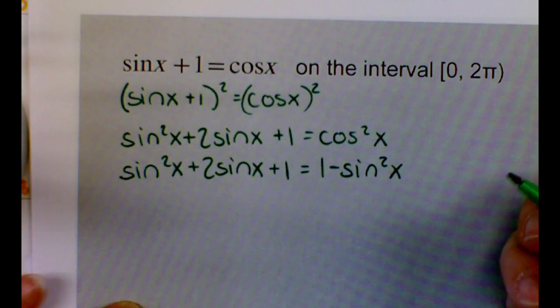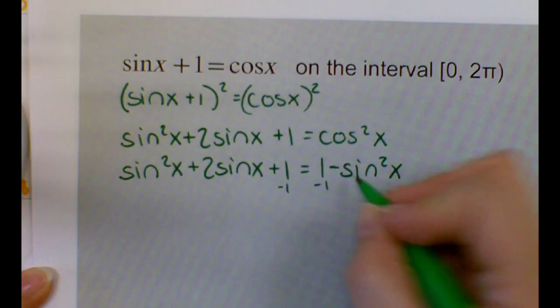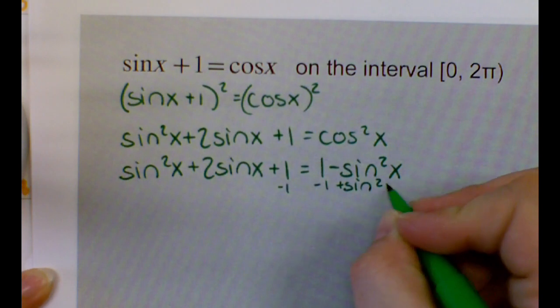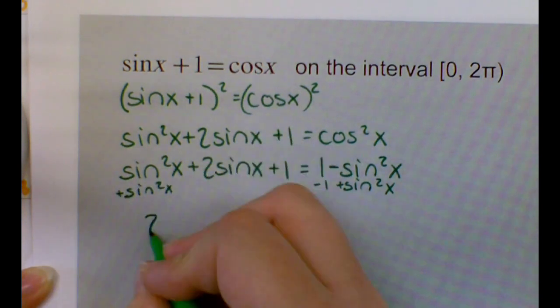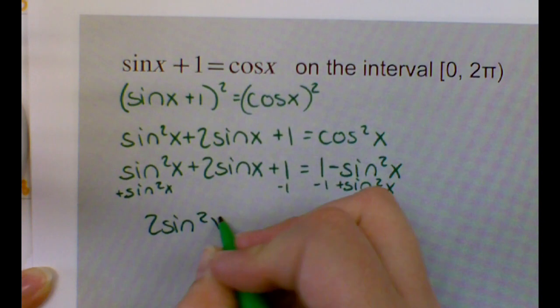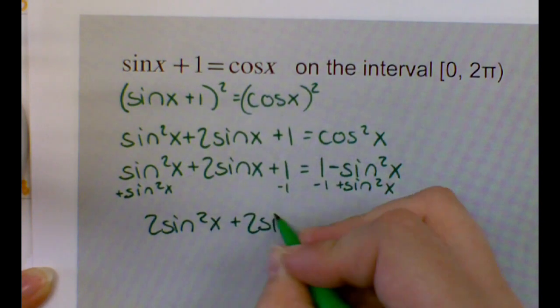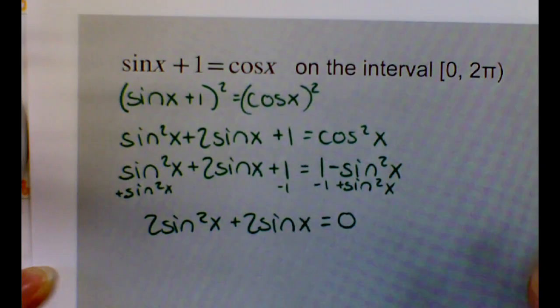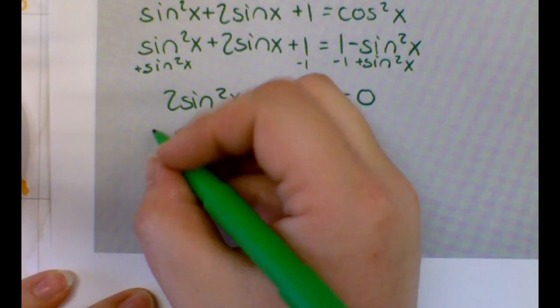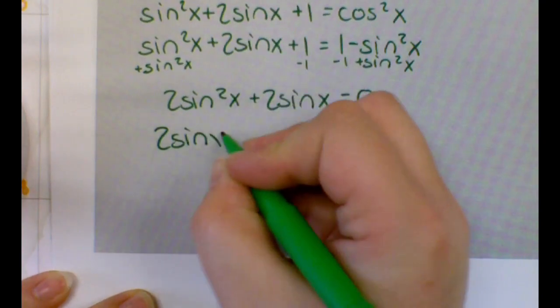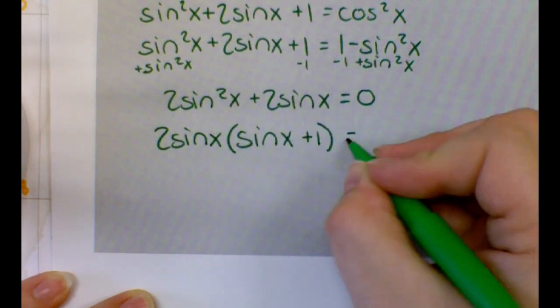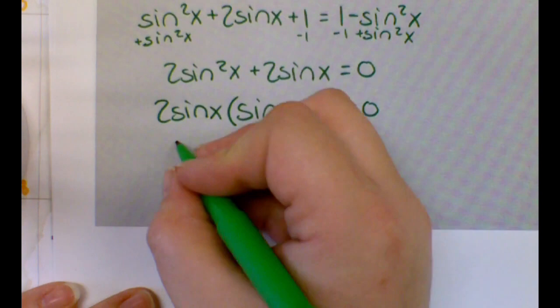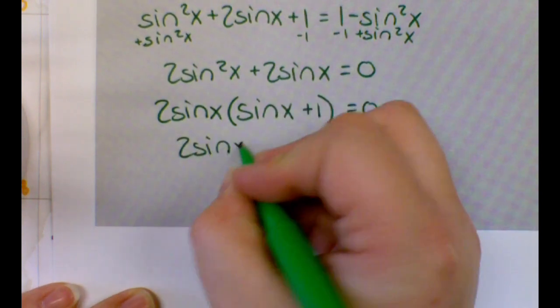And then I'll get everything on the left-hand side. So I'll subtract that 1, and I will add sine squared, making 2 sine squared of x plus 2 sine of x equals 0. And just like the last problem, factor out 2 sine of x, leaving me sine of x plus 1 equals 0. Set each factor equal to 0.